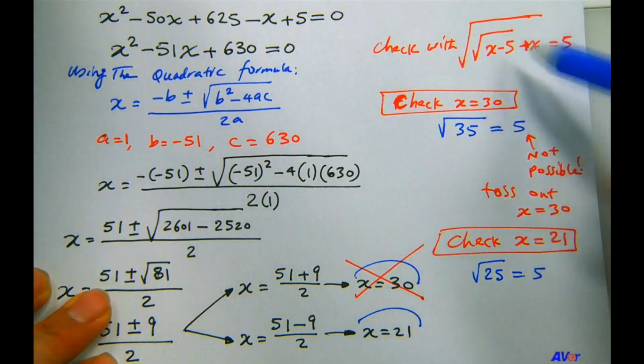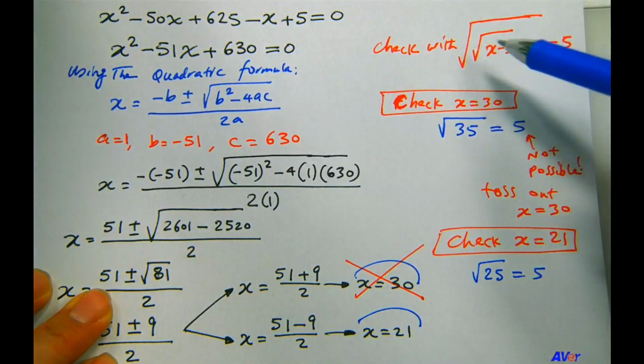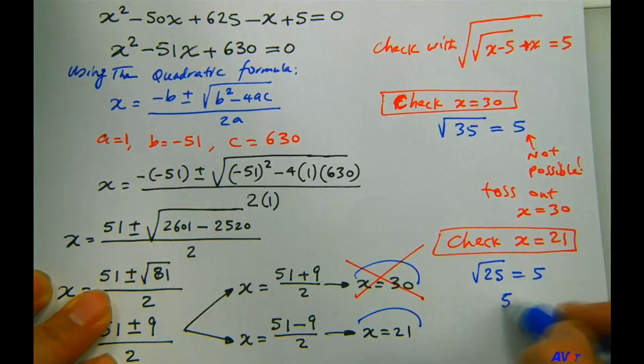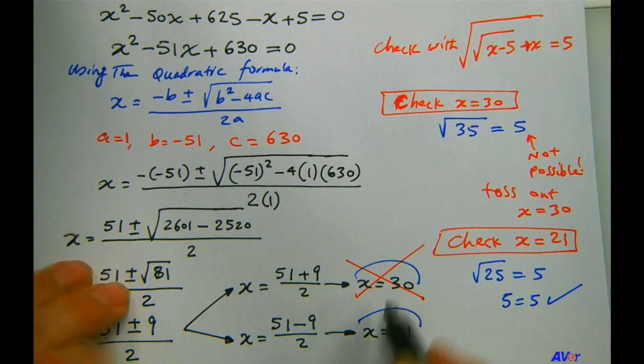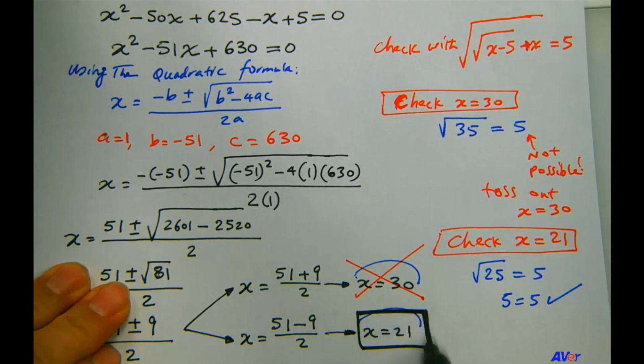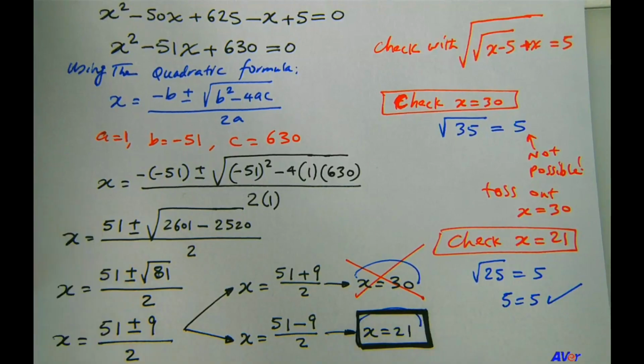If you plug in 21, you're going to get 5 equals 5, so it checks out. So this one is the only acceptable solution. Okay, all right.